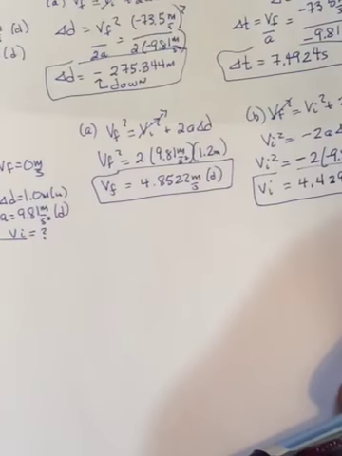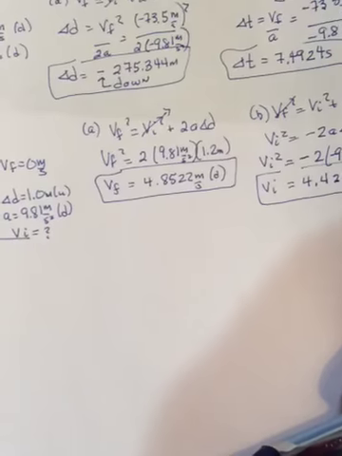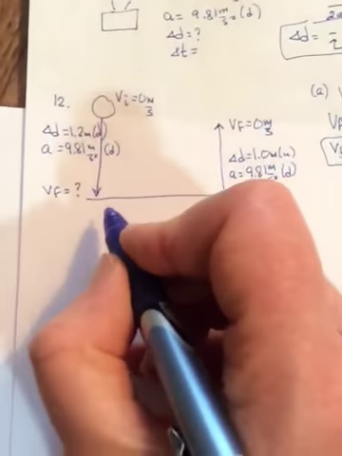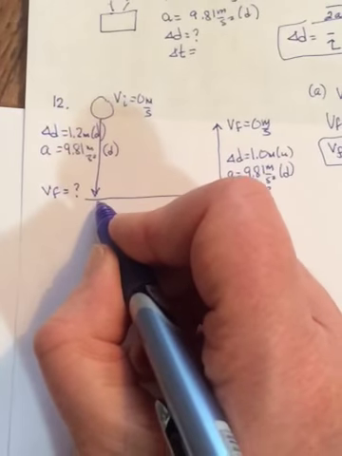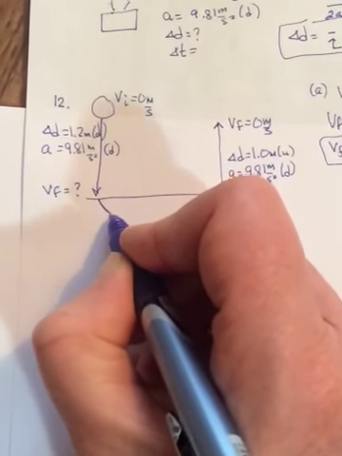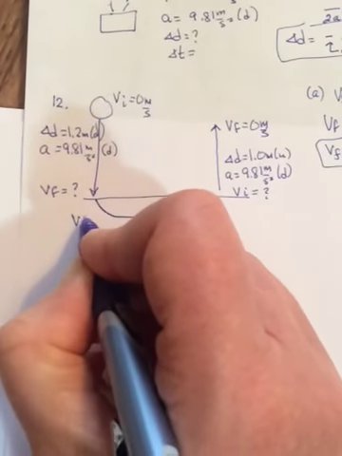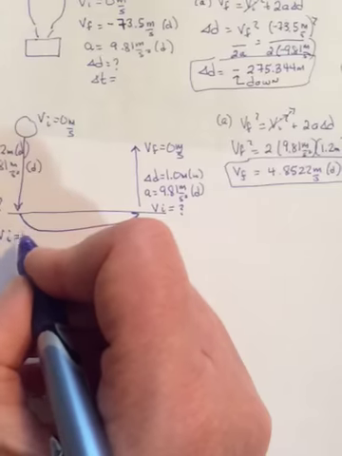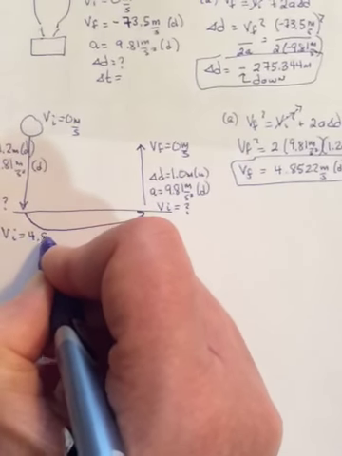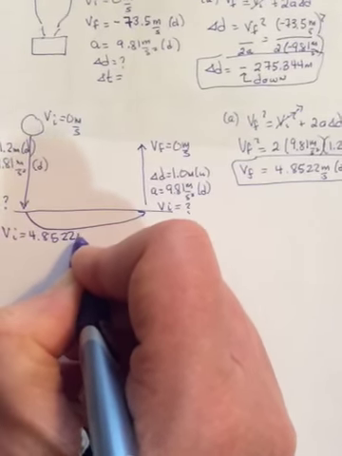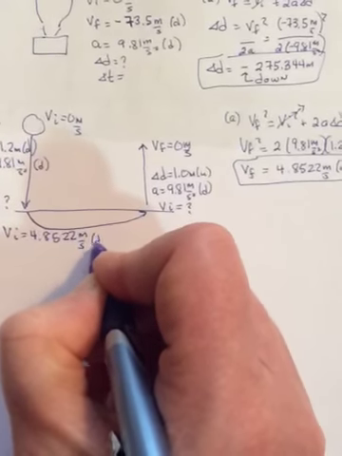were in contact with the ground for 0.01 of a second, what's its acceleration? So the speed with which it reaches the ground becomes the initial speed that it hits the ground with. So this VF becomes the VI, and it was 4.8522 meters per second going down.